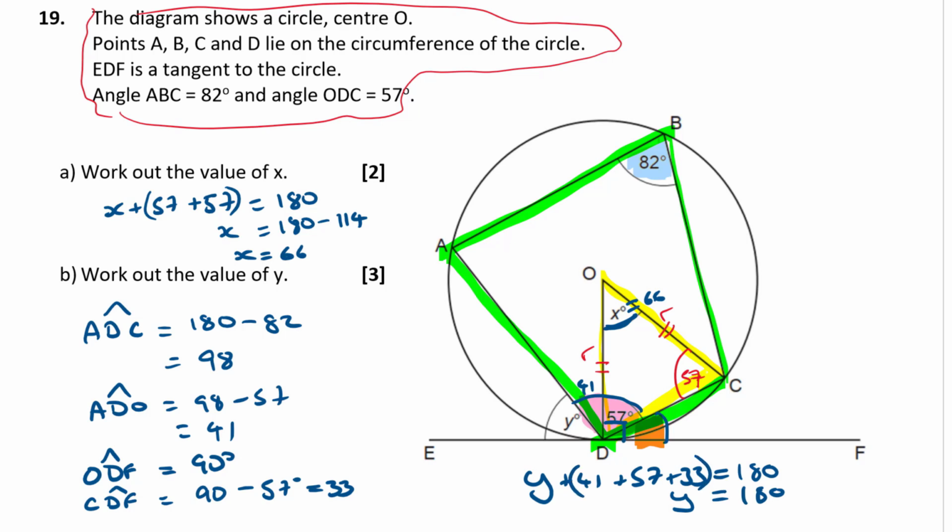So 57 and 33 adds up to 90, plus the 41 is 131. So 180 subtract 131, what's that? That is equal to 49. 49 and 131 is 180, isn't it? So 49 degrees, and that's my y. Y is 49.